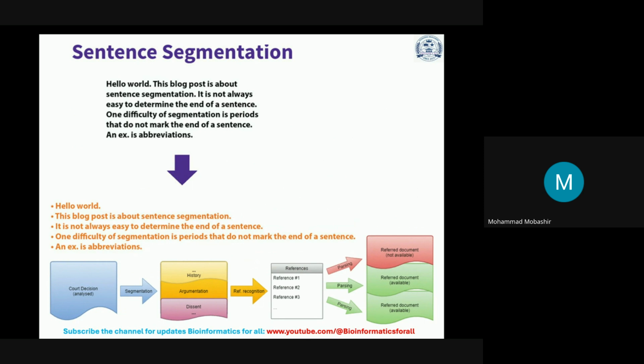Third: it is not always easy to determine the end of a sentence. Next: one difficulty of segmentation is periods that do not mark the end of a sentence. The last sentence is an example: EX dot is abbreviations here. Now this is where a paragraph has been broken down, or segmented, into sentences.